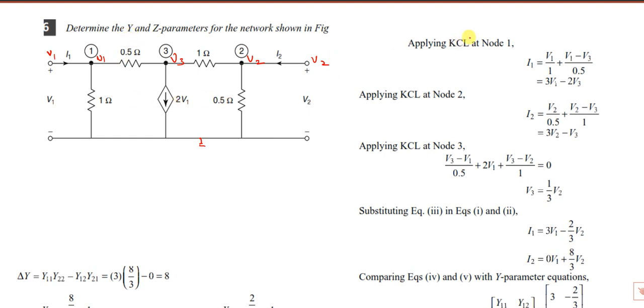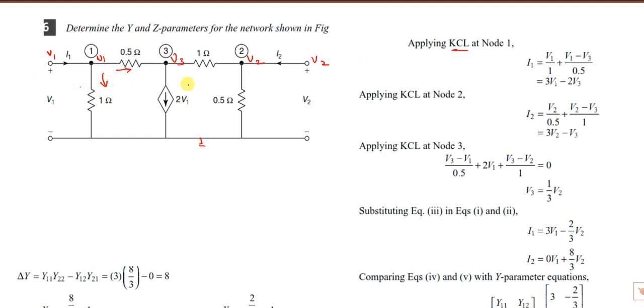So now apply KCL. For Y parameters, you have to apply Kirchhoff's current law. We are applying it at this node. The current entering the node is I1, which is equal to the sum of these two currents.